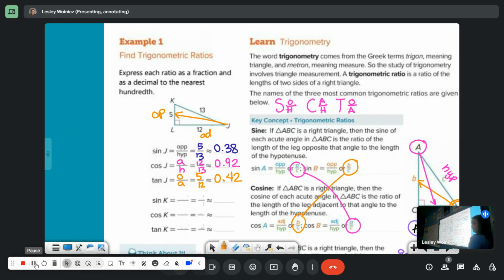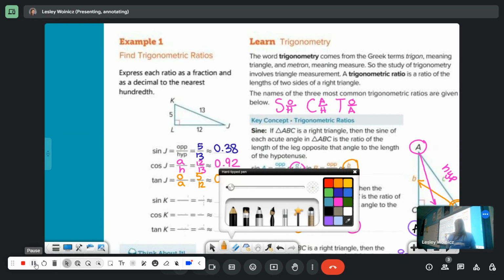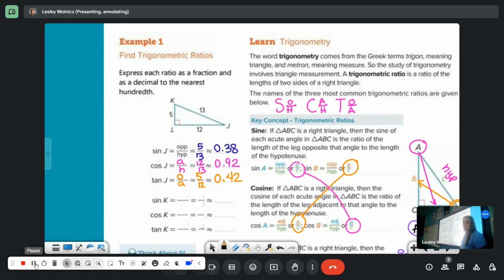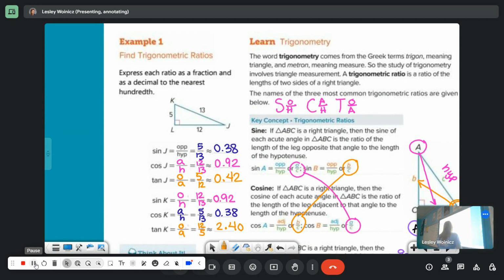Okay, can you guys do them for K? Go. Okay, are we ready for the big brain moment? Okay, how do we know which one is opposite and which one? Just by the positions in the triangle.